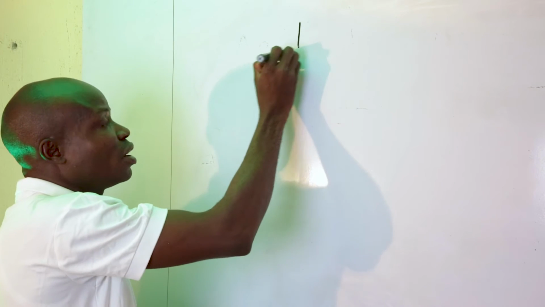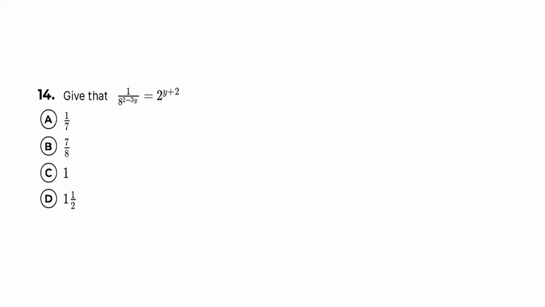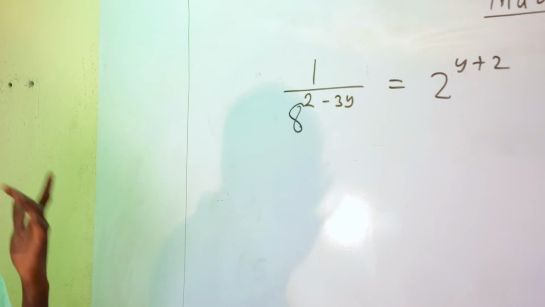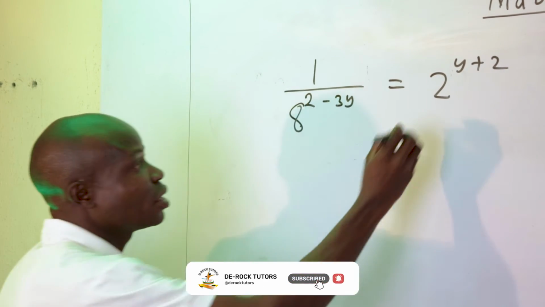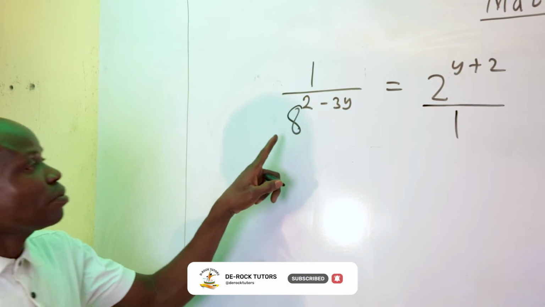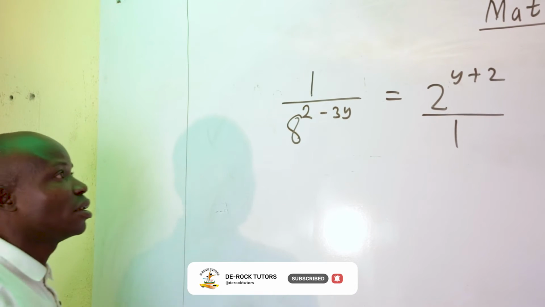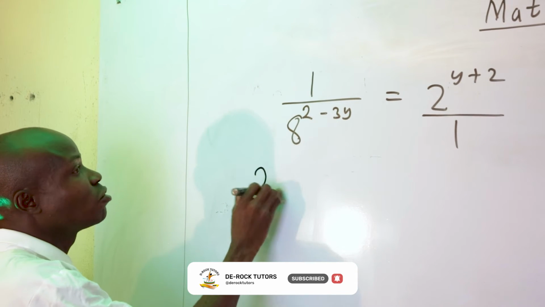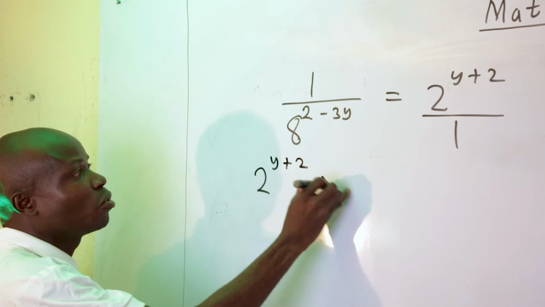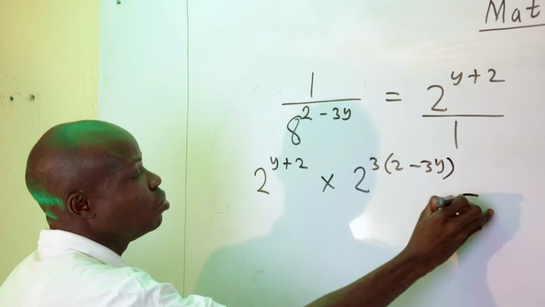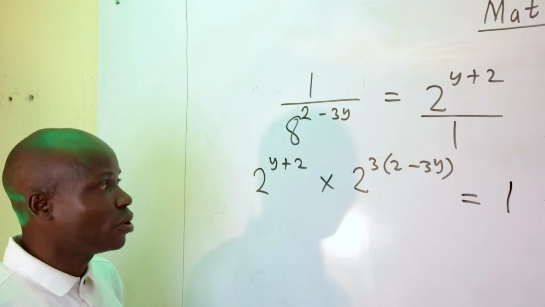Given that 1 over 8 raised to the power 2 minus 3y equals 2 raised to the power y plus 2, we want to find the value of y. In this case, if we cross multiply and express 8 as an index number, we have 2 raised to the power y plus 2 multiplying 2 raised to the power 3 into 2 minus 3y to be 1, which is 2 raised to the power 0.